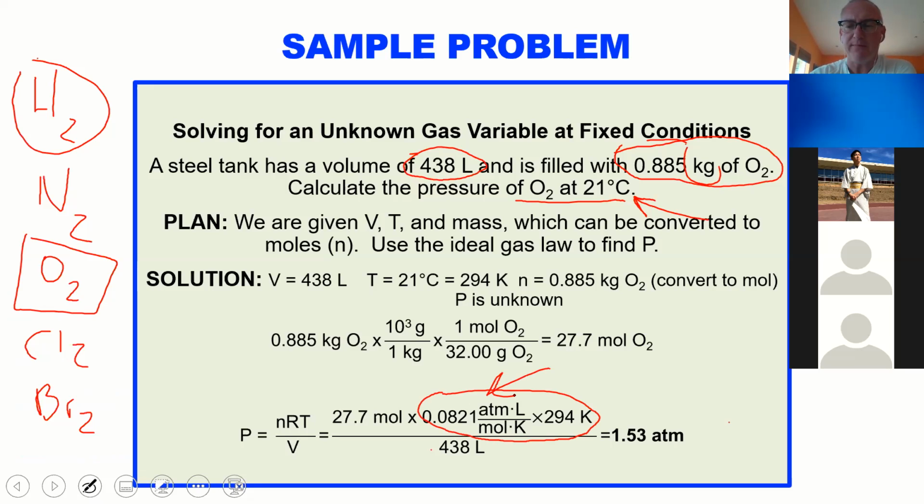So we figured out how many moles, we've been given the volume, and we calculated the temperature. So it's just a matter of putting the right value for R in there. And you can see that's about 50% higher than regular atmospheric pressure.